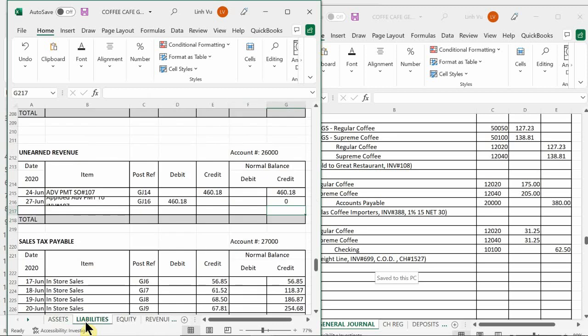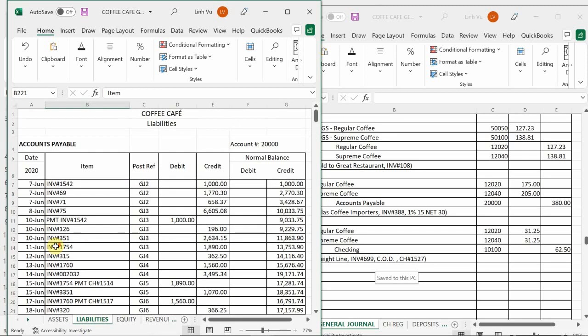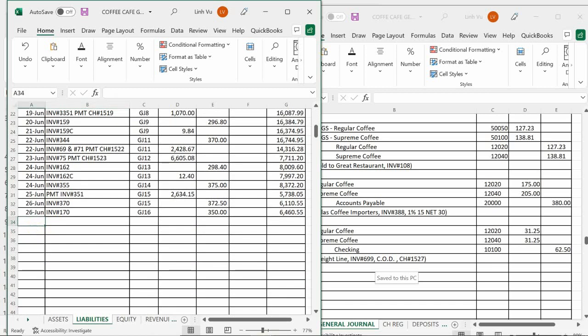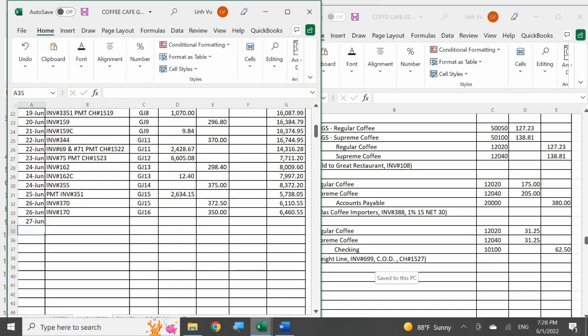And of course, we didn't make a payment yet. We're going to take advantage of the terms and pay later. So in this case, this was invoice number 388, and it was total for $380.